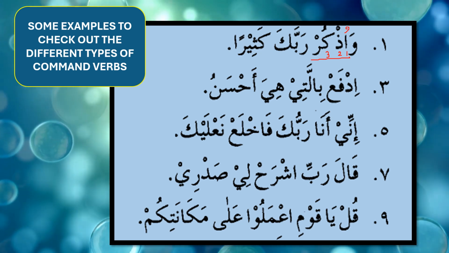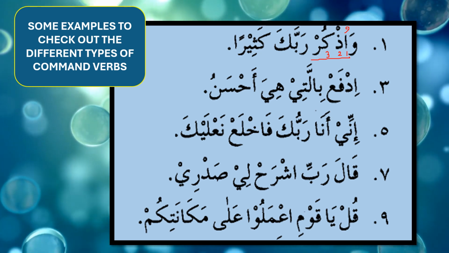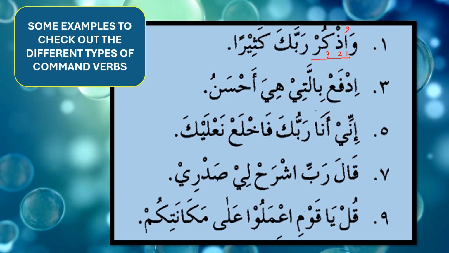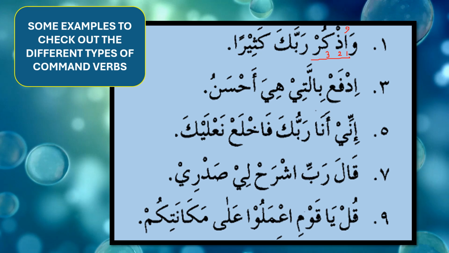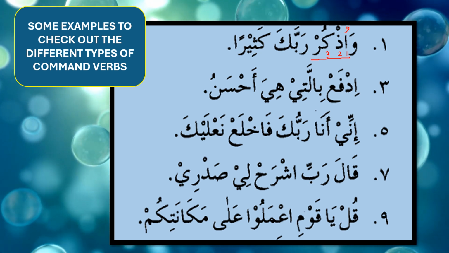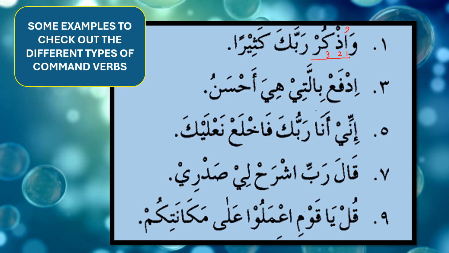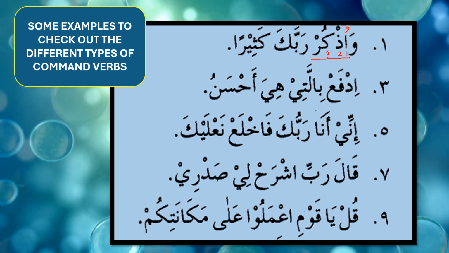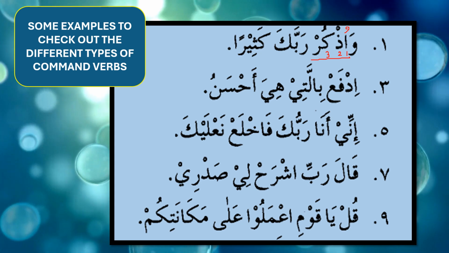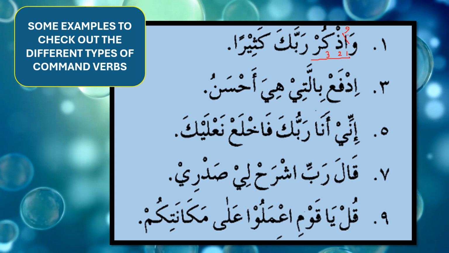So originally it should be Uzkur. Since we have this as a Hamzatul Wasl and you have another letter with a vowel before the Hamzatul Wasl, the rule applies here that whenever Hamzatul Wasl comes in between, it is always deleted, omitted, it's not read. So that's why we don't read the Hamzatul Wasl.